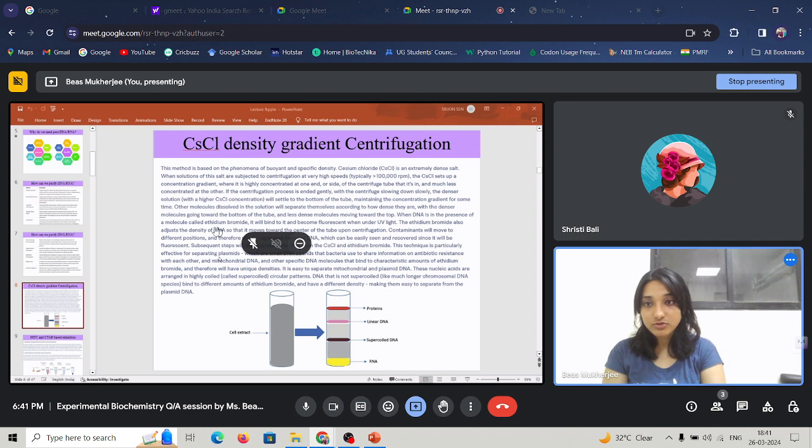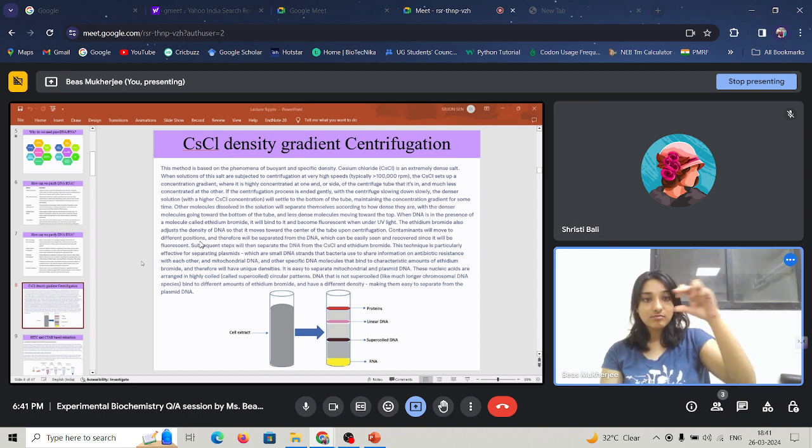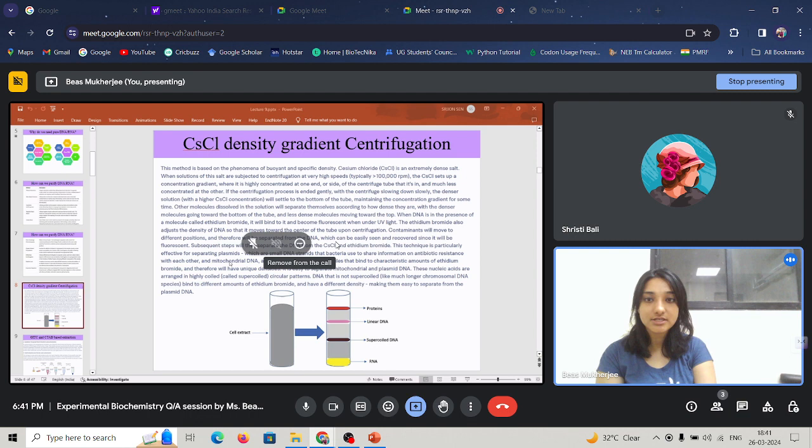Ethidium bromide also adjusts the density of DNA so that it moves towards the center of the tube upon centrifugation. So contaminants will move to different positions. You can see in this diagram that the different molecules, based on their density, are segregated into different regions. Therefore they will be separated from the DNA, which can be easily seen and recovered since it will be fluorescent.